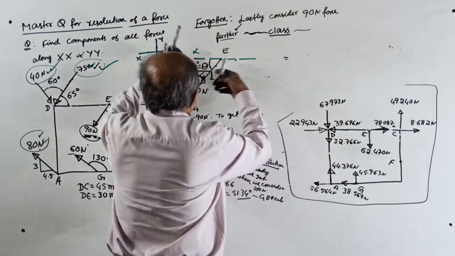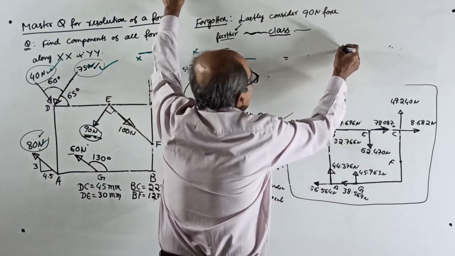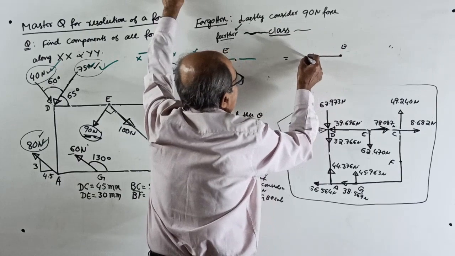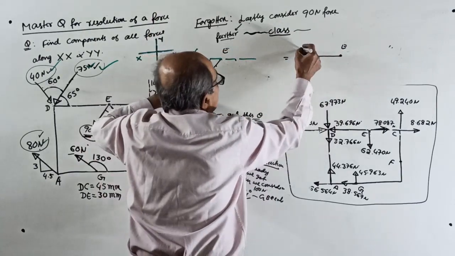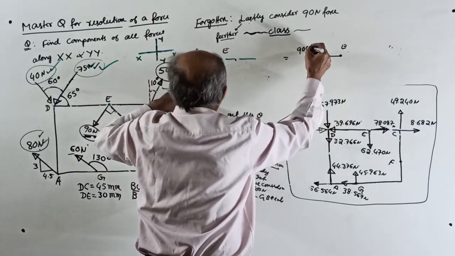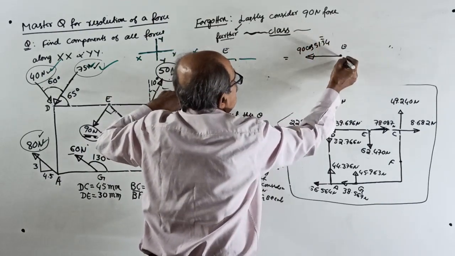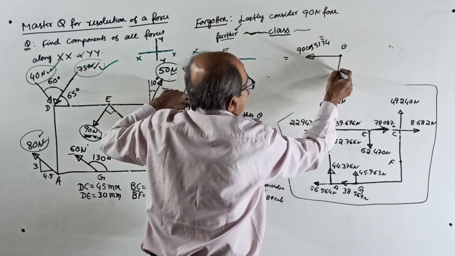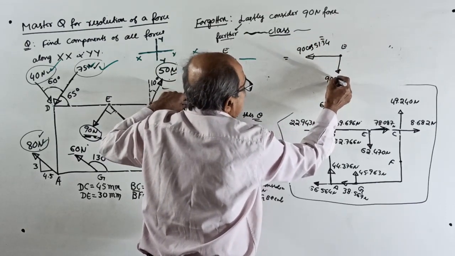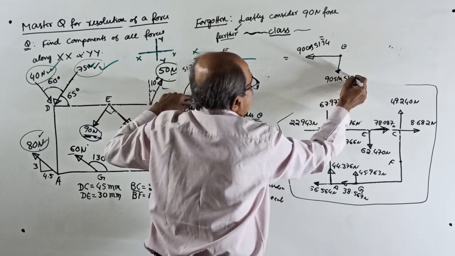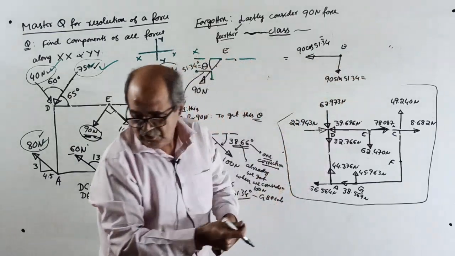Therefore, at the point E, there is one left component of 90 cos 51.34 and one vertical downward component of 90 sin 51.34. Calculate. Over.